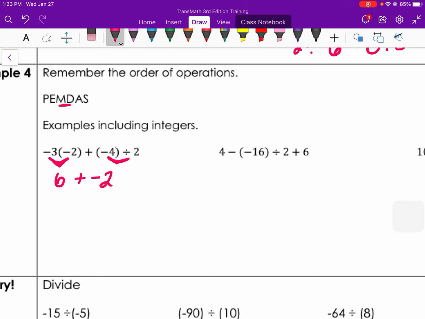So I multiplied and divided first, from left to right, and that leaves me with an addition problem. 6 plus -2 has different signs, so the difference between 2 and 6 is 4, and it's +4 because 6 is positive and it's bigger.